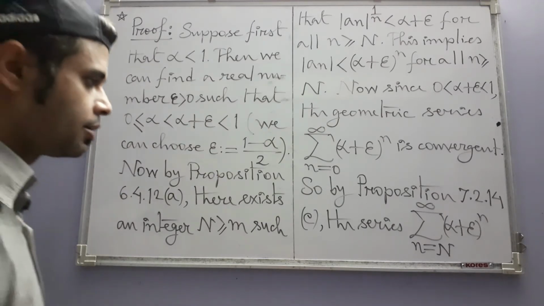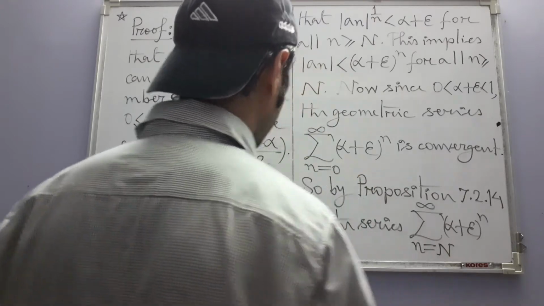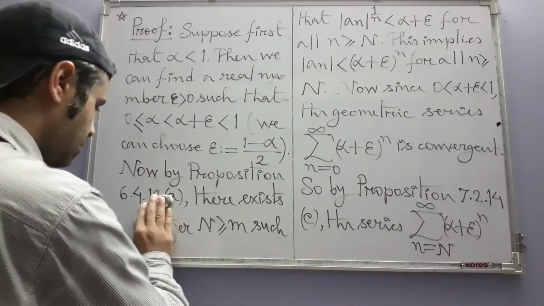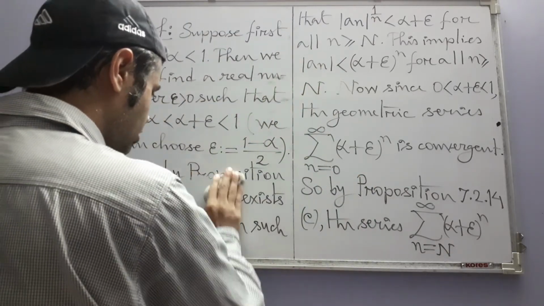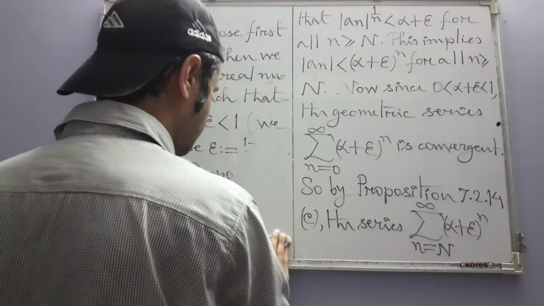It does not matter whether this series has more terms or less terms than the original series. Whatever the case is, those excess or deficit terms are finite in number. That's what matters.